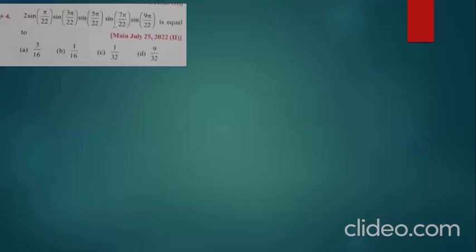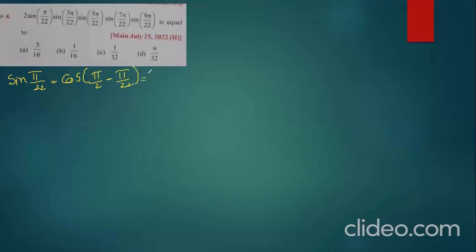Now in this case, you see sine pi by 22. Can we convert this into cos? Let us convert. Sine pi by 22 can be written as cos of pi by 2 minus pi by 22.